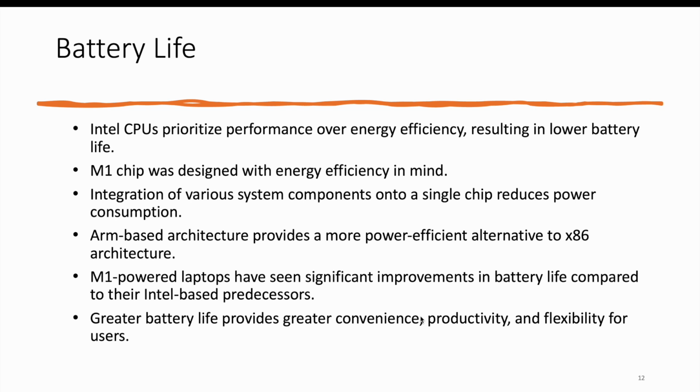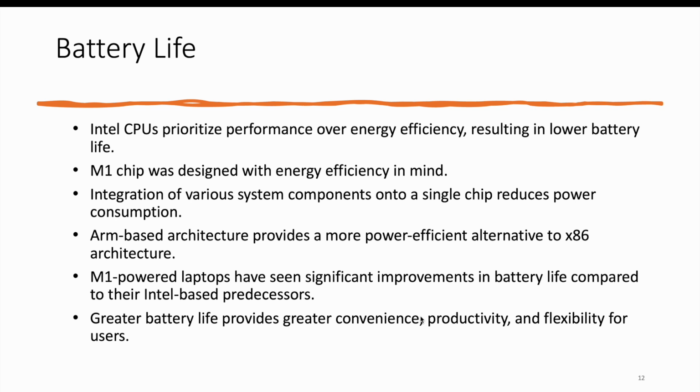The MacBook Air, for example, lasts up to 18 hours on a single charge, whereas the MacBook Pro can last up to 20 hours. So this is a significant improvement in battery life compared with traditional Intel chips. This not only provides greater convenience for users, who need not worry about constantly charging their devices, but also greater productivity and flexibility.